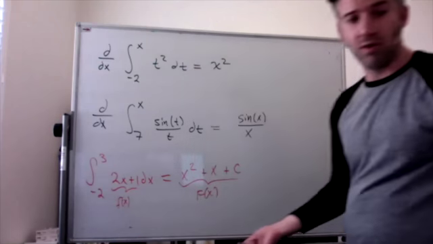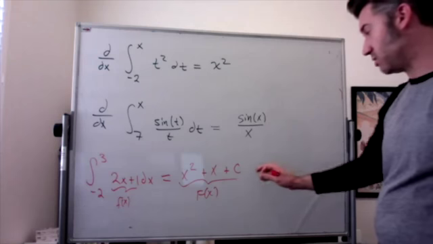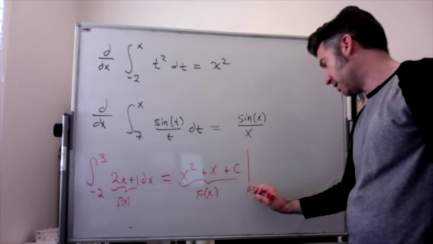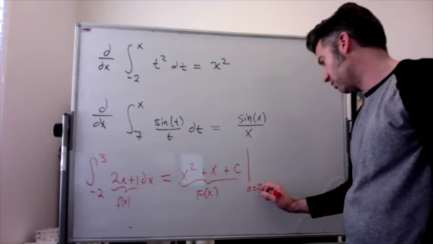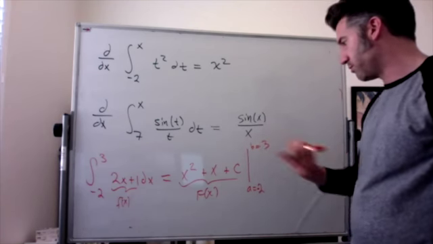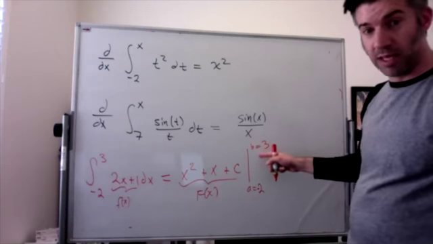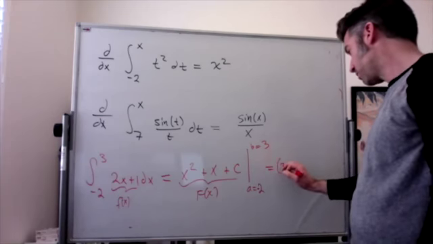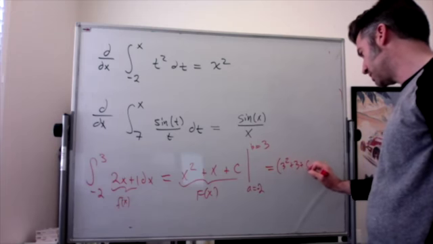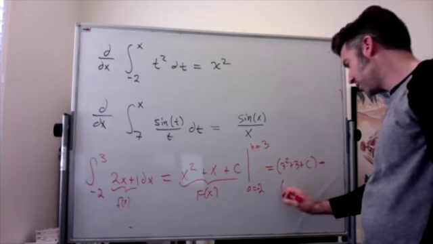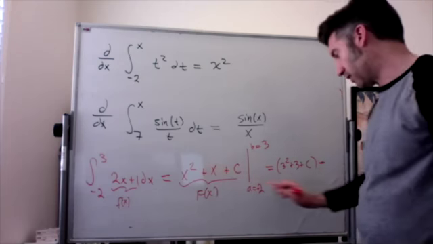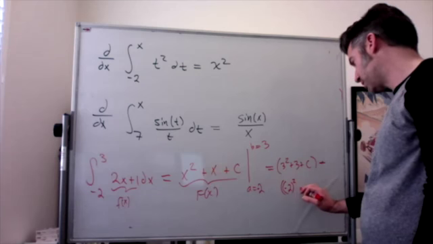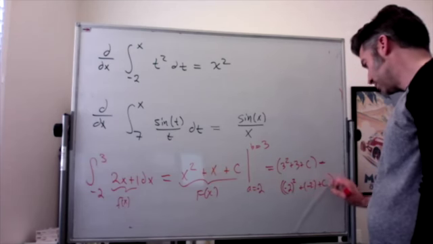And then what we usually do to write F of b minus F of a is we usually write it evaluated with a vertical line from a equals -2 to b equals 3. So it's always the b one first, always the top one first. So that's going to be 3 squared plus 3 plus c minus, now we plug in the a one, -2 squared plus -2 plus c.